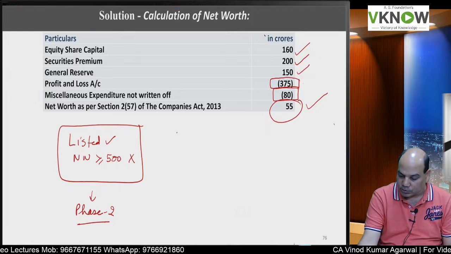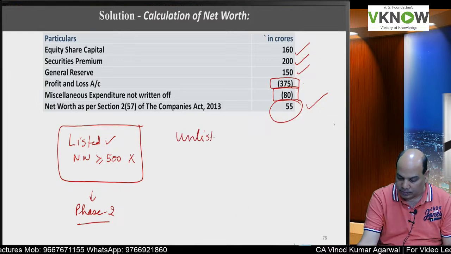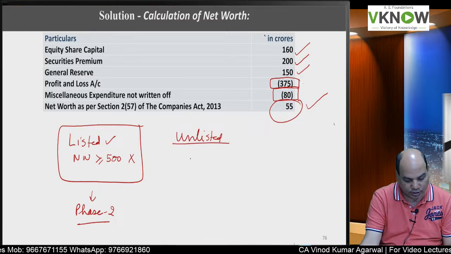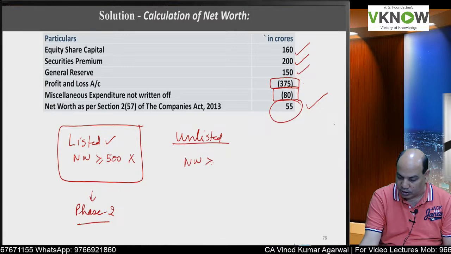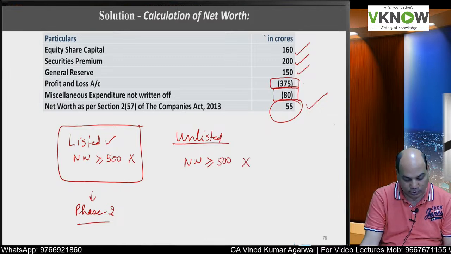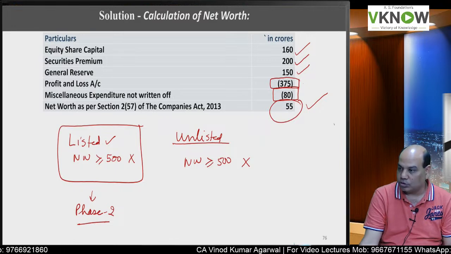Then suppose the second question, it is an unlisted company. For an unlisted company, if it has to come under phase 1, the net worth should be greater than or equal to 500, not complied with. And for phase 2, it should be 250 crore or more, but that I don't know.